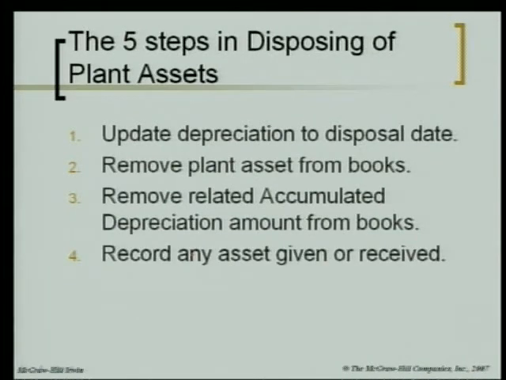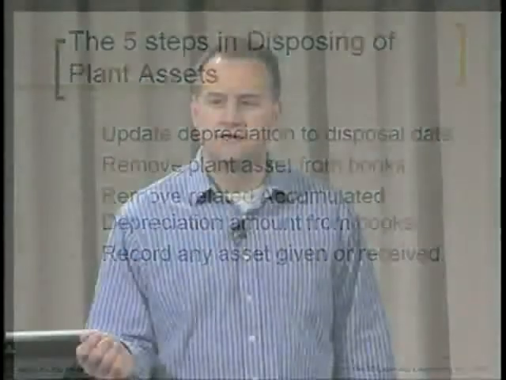That's the third step. The fourth step is you're going to record any asset given or received. For instance, let's say you sell your van for $500. Well, then you would debit cash for $500, right? Make sense? Okay? There could even be times that you had to pay to get rid of an asset. For instance, if you're going to get rid of an expensive computer system, you're not really just supposed to throw those in the dumpster, are you?